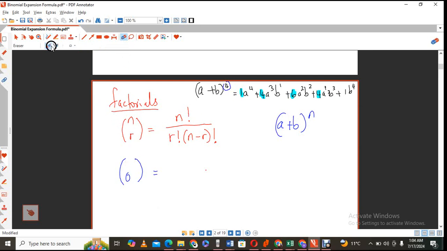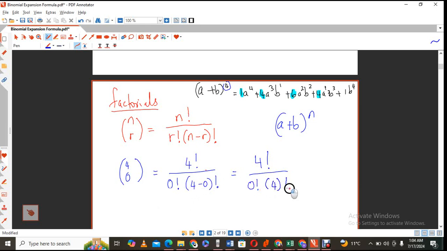So if I replace that with 4 using the formula, it's 4 factorial over, now my r is 0 factorial, and then the difference 4 minus 0 factorial. So that gives me 4 factorial over 0 factorial and 4 factorial. There's no need to put brackets there, but I think you get the idea.